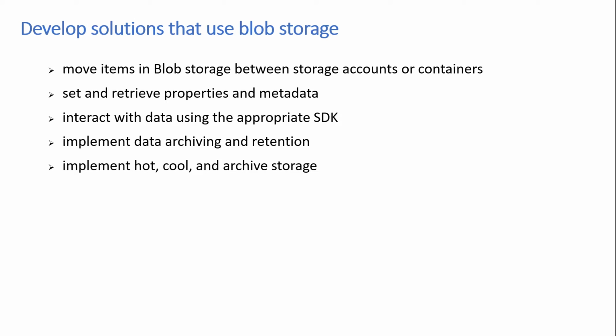Cool is a little slower compared to hot. And archive is for any historical data you are storing permanently inside blob storage, but to access it, the computation power required is more, because it's stored in some dump yard and we need to retrieve it. It's very difficult for us. We are going to learn all these things, like how the cost will vary based on hot, cool, and archive.